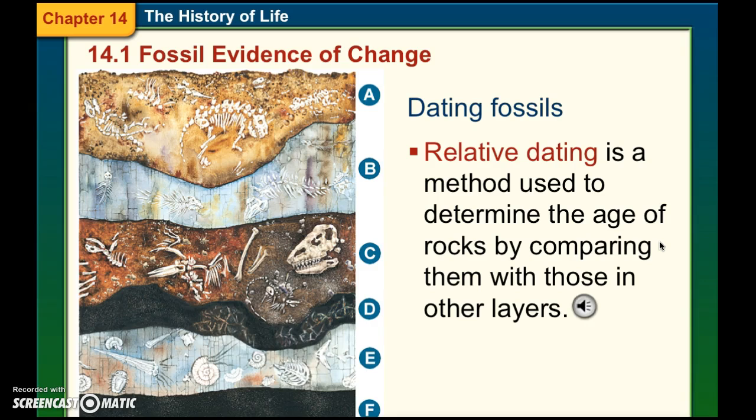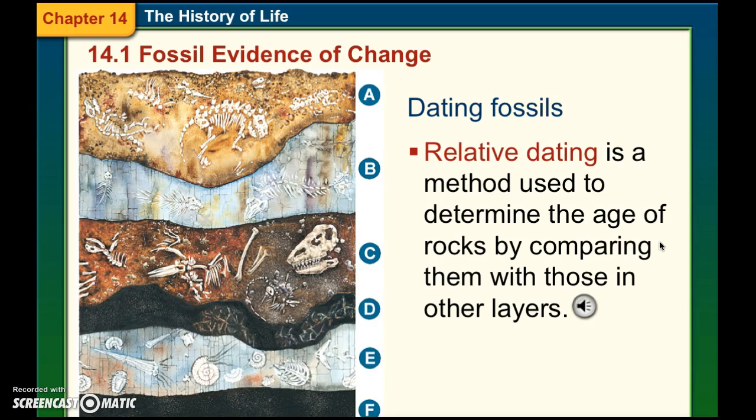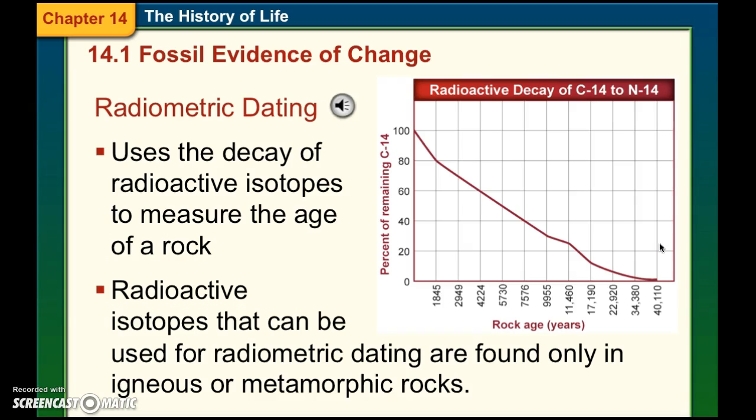You can't get an exact age on rocks this way, but you can figure out kind of how old they are based on what's above and below them. And sorry, going back, that's called the law of superposition because the rock layers were superimposed on top of the ones that are older.